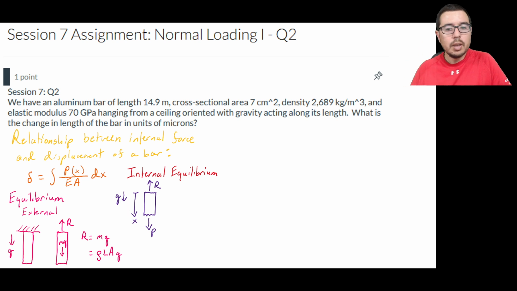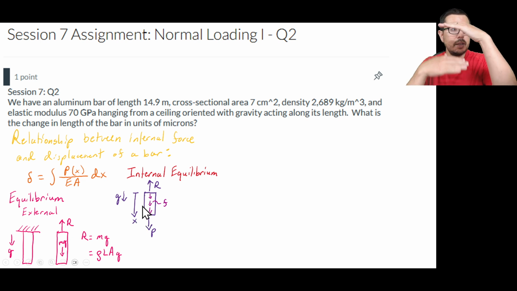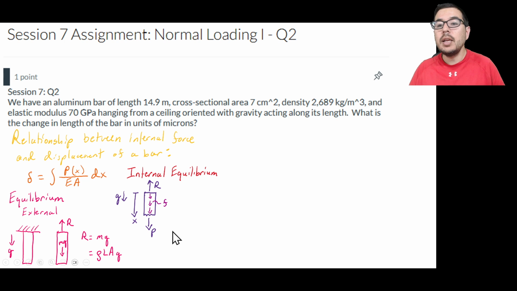What's missing? We're missing the distributed force due to gravity. So let's just draw the little f here. And this little f has to be integrated through this length x. So now we're saying that x is defining the length until we get to the slice.